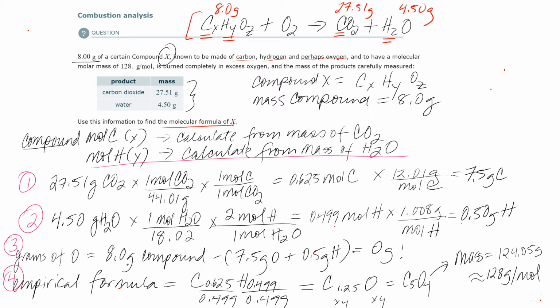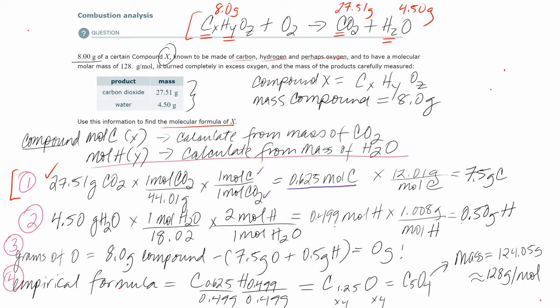So let's go to step 1 here. Notice that we take the grams of CO2, which is 27.51 grams. We divide it by the molar mass of carbon dioxide, and then we use the mole-to-mole ratio. There is 1 mole of carbon for every 1 mole of CO2, and that gives us 0.625 moles of carbon in this 27.51 grams of CO2.